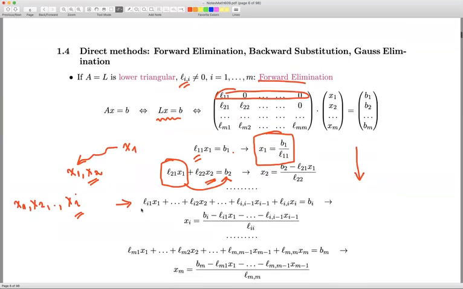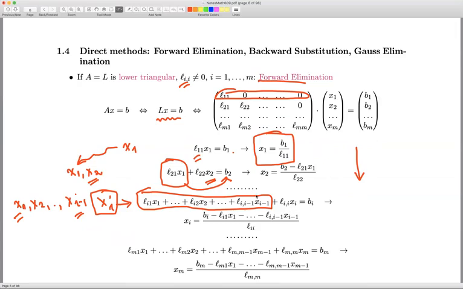When we get to the ith equation, we will have already computed x1, x2, and so on, xi minus 1, and the only effective unknown we will have by the time we reach the ith equation will be xi, and therefore all the terms here that are to the left of xi are known.